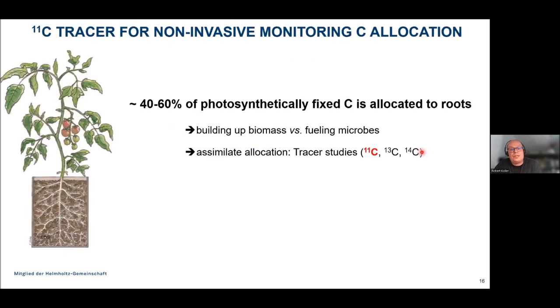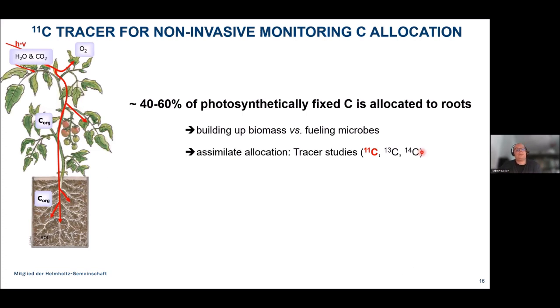In this presentation, I will focus on the plant roots, because about 60% of the photosynthetically fixed carbon is allocated to roots. There it is used to build up biomass and for the metabolism and growth of the roots. But part of this carbon is also excreted into the rhizosphere, where it fuels microbial communities, their activity and growth.